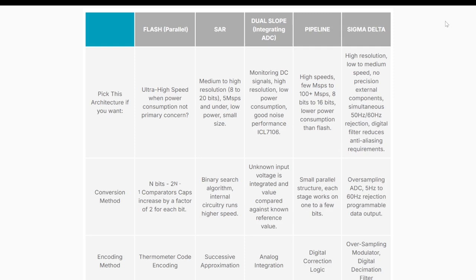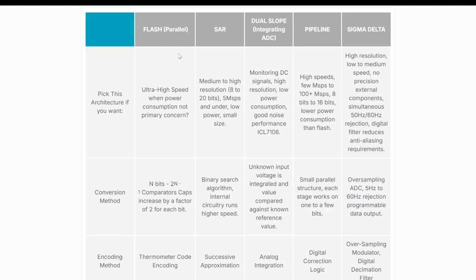So now, since we have understood the core basic principles of an ADC, let's discuss the types of ADCs. Even though five ADCs are mentioned, the most important ones we are going to cover, and their important features, are flash, SAR, and sigma delta, because these are very commonly used ADCs in microcontrollers, microprocessors, or other digital or mixed signal system designs.